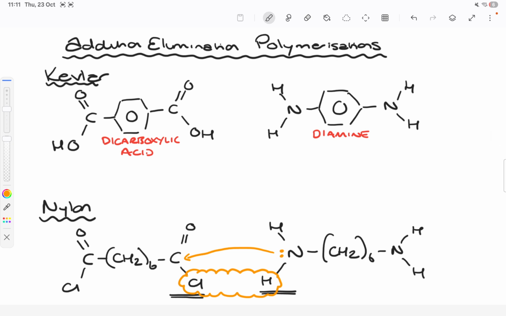Again, if we'd used acid anhydrides, etc., we would have had that weaker ethanoic acid byproduct. But in this example, we've got an HCl molecule being eliminated, creating what would have been an amide linkage, where the nitrogen will be attached to that carbonyl.